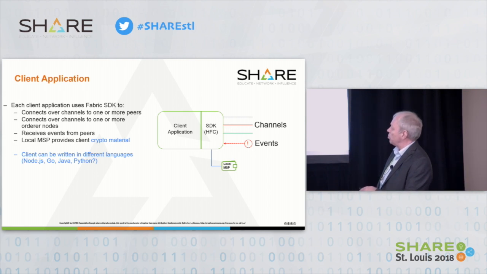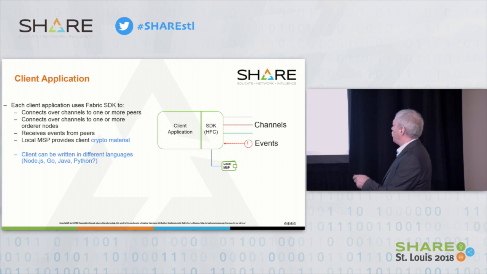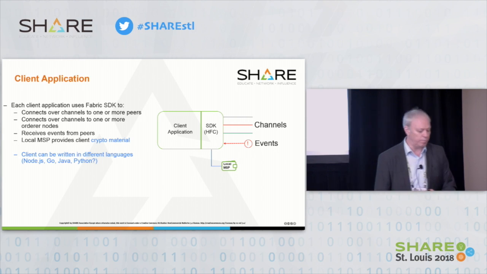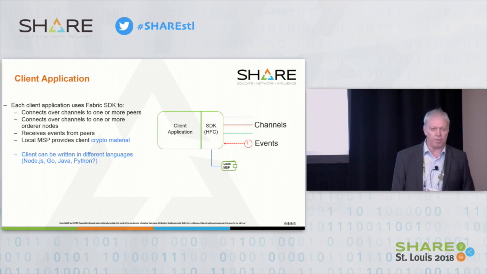It connects over the channel to one or more order nodes. So this client application can have different functionalities. It can receive events from peers. Important is I need to develop that interface through a software developer kit or base APIs which are available in the Fabric, or I'm using Hyperledger Fabric Composer.